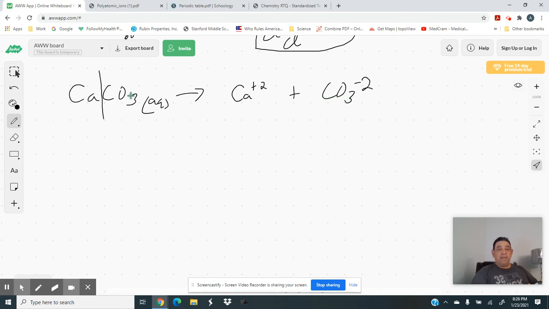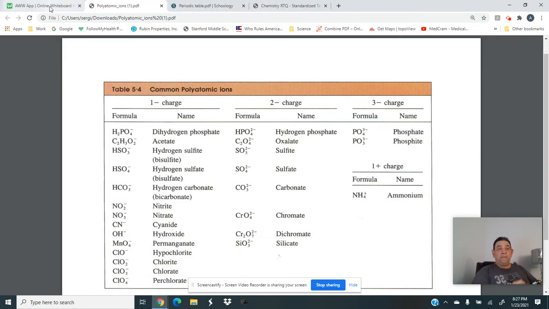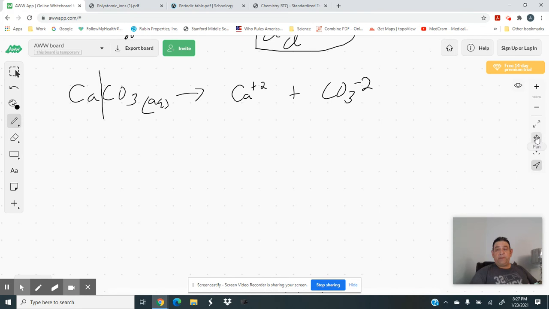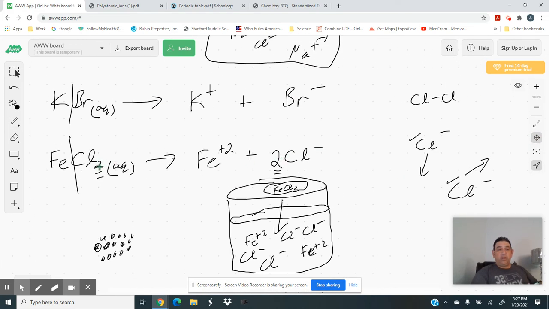This time the subscript is part of the ion. If you go back to the polyatomic ion chart, the subscript 3 is part of the whole ion. So we don't have to put the 3 in front like we did for the chloride. Over here, we had two chlorides. The 2 told you there were two chlorides, but each chloride was a single-atom, monatomic ion on its own.